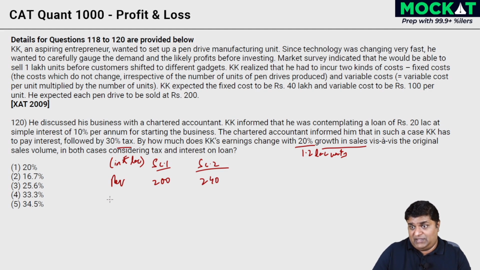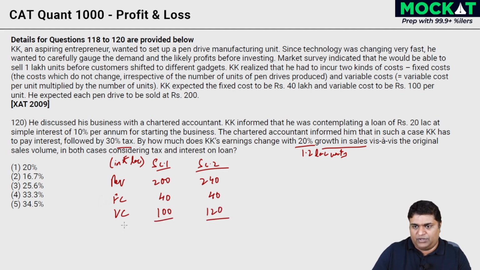Fine. So what's the cost going to be? You have a 40 lakh fixed cost. We'll write it down clearly. Fixed cost over here is going to be 40 and 40, that doesn't change. The variable cost is going to change, right? When there's 1 lakh units at 100, that's going to be 100. 1.2 lakh units at 100, that's scenario 2, that's going to be 120.